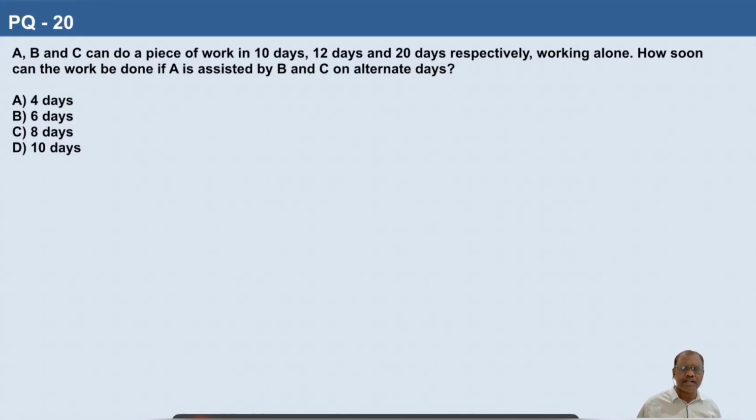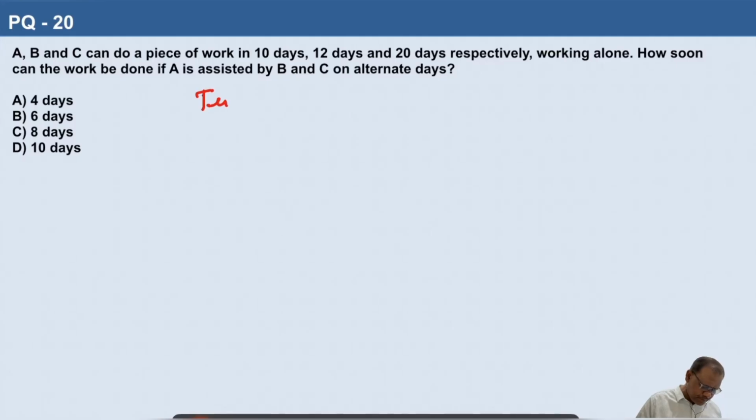Question number 20. A, B and C can do a piece of work in 10, 12 and 20 days respectively, working alone. How soon can the work be done if A is assisted by B and C on alternate days? Similar question.